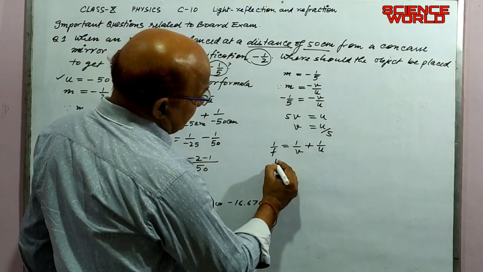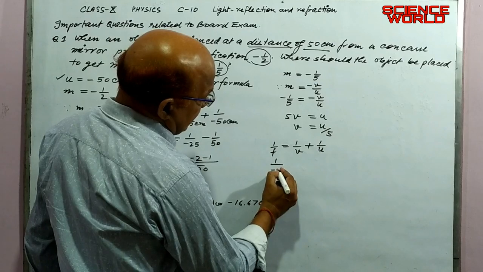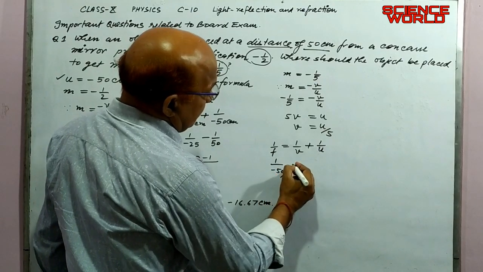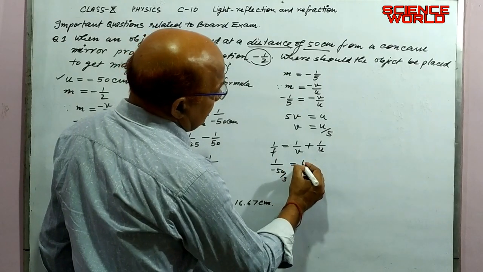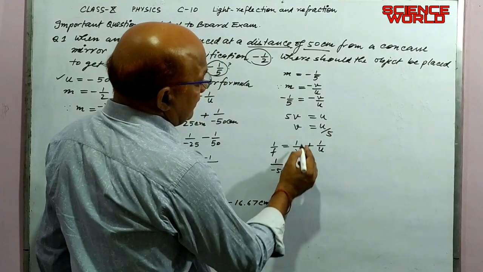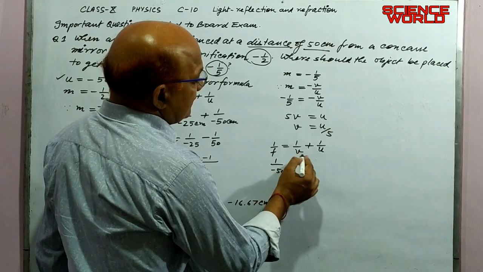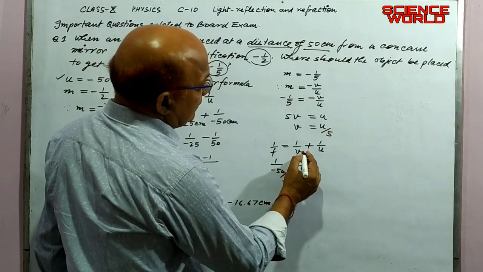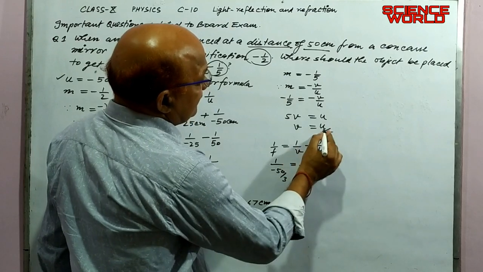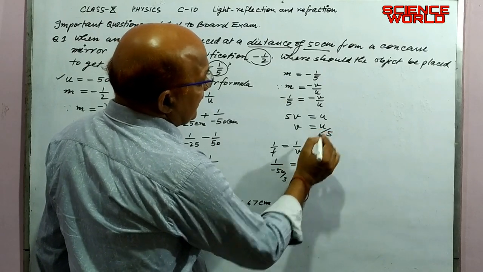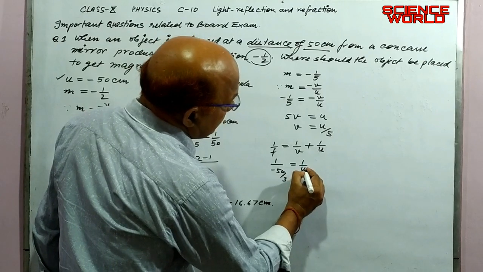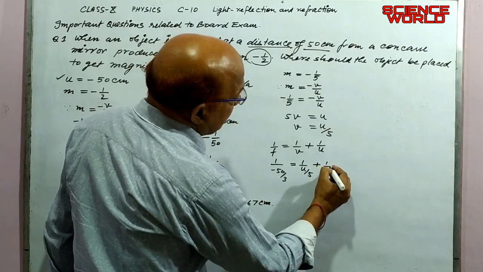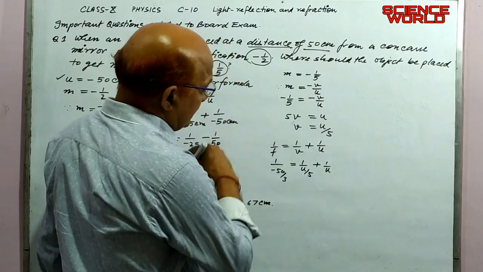We can use this value for focal length to make calculation easier. This is 1 by minus 50 by 3, which is equal to 1 by, we will replace v by u by 5. So, it is 5 by u plus 1 by u.